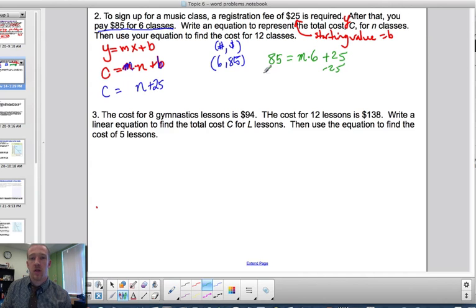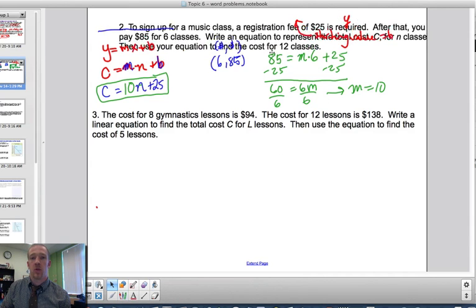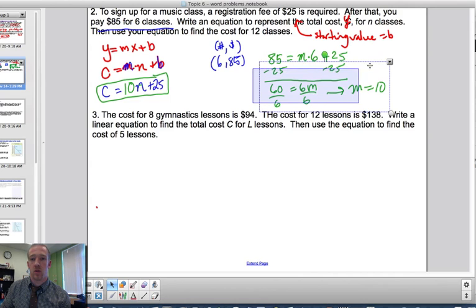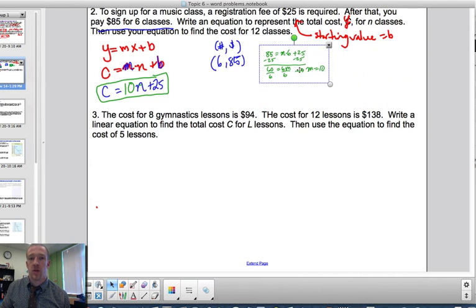So minus 25. So now our slope is 10. So that's what goes here. This is our equation. Cost is $10 per class plus $25. If we want to find out the cost for 12 classes, then we can just plug that into our formula.